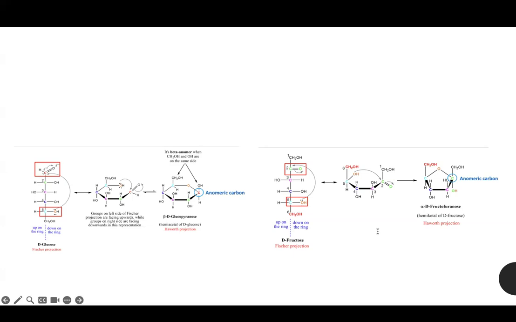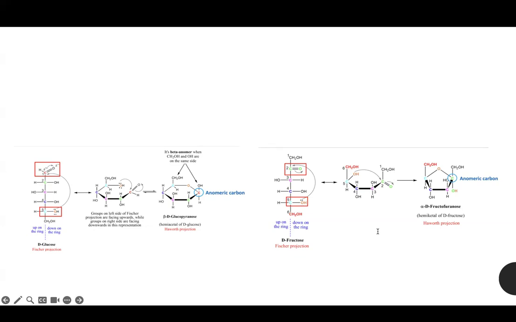The sugar is puckered, that's what it's called, in which the carbon has tetrahedral bonding arrangements, so the substituents are either above or below the ring. This is especially beneficial when the carbons carry bulky substituents, because they will point away from each other and will not get in the way of each other. So this minimizes repulsion between the groups.